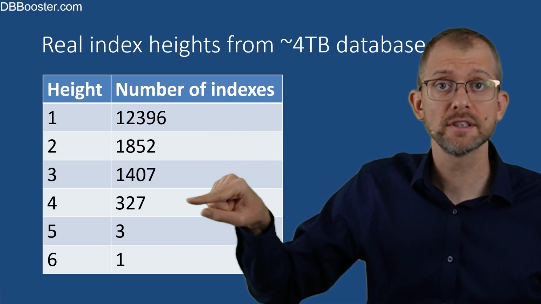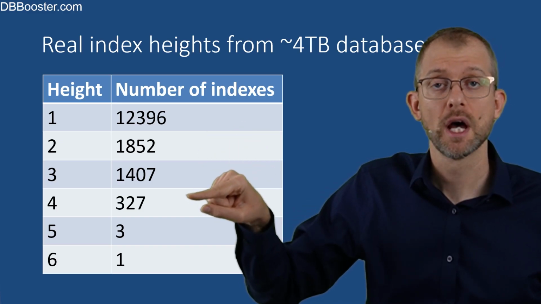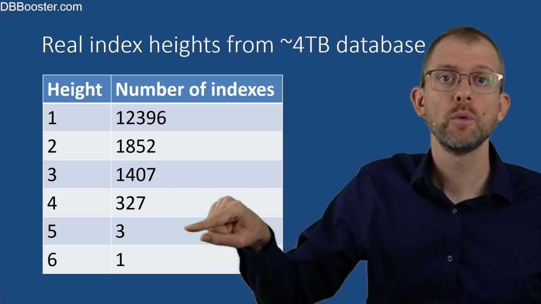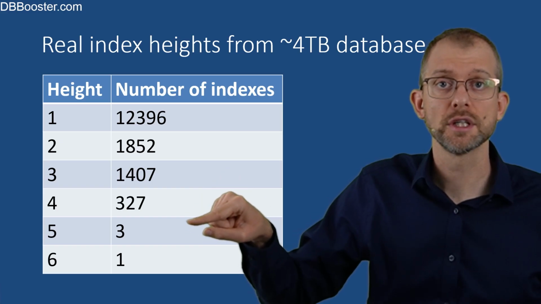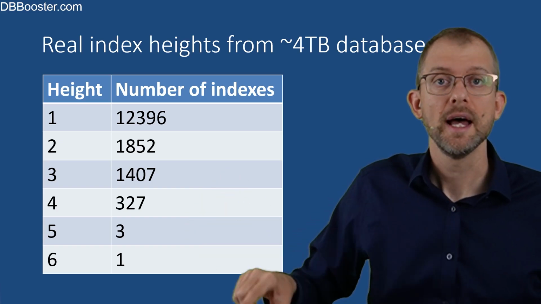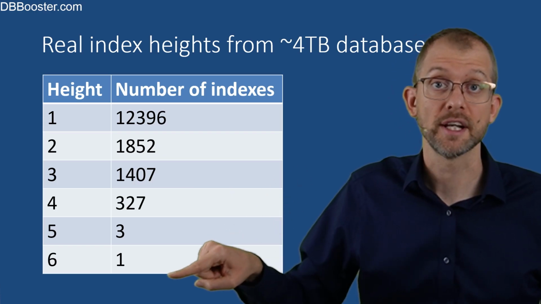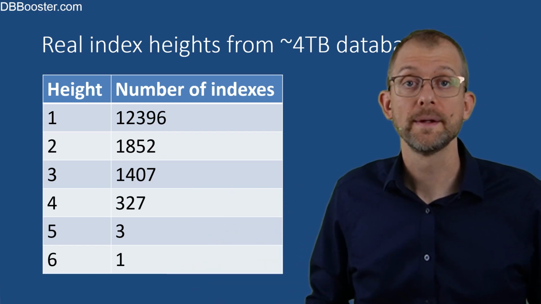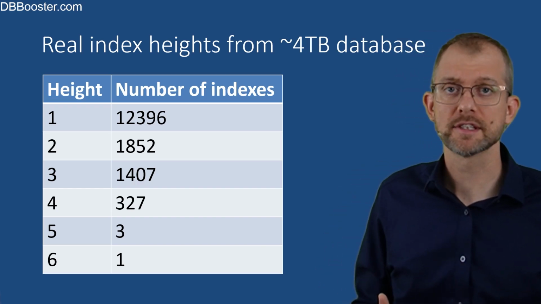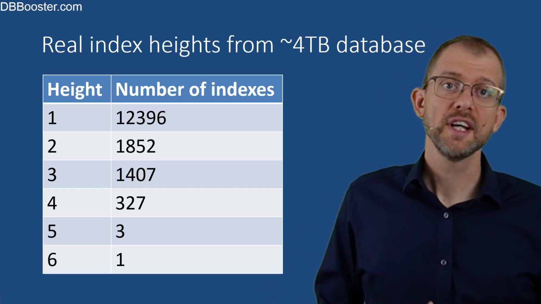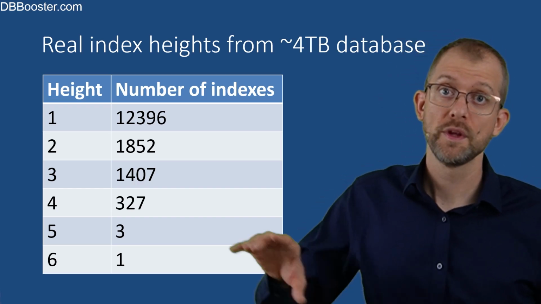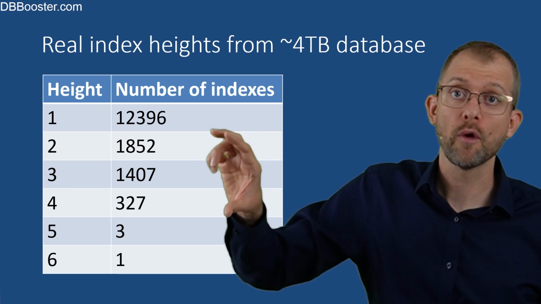There are 327 indexes with height 4. Only 3 indexes reach height 5. And just one single index, height 6. So in a multiple terabyte system, almost everything fits within 3 to 4 levels.